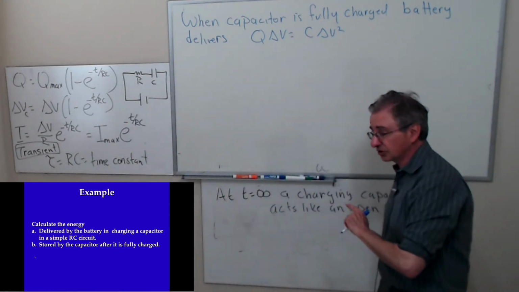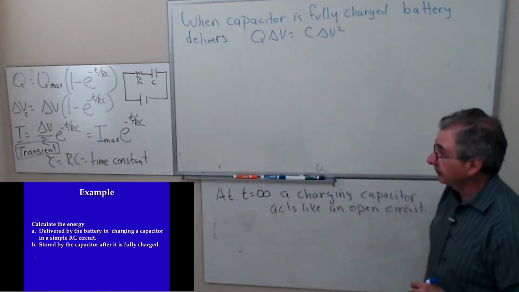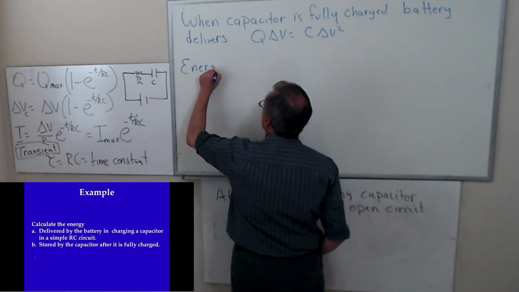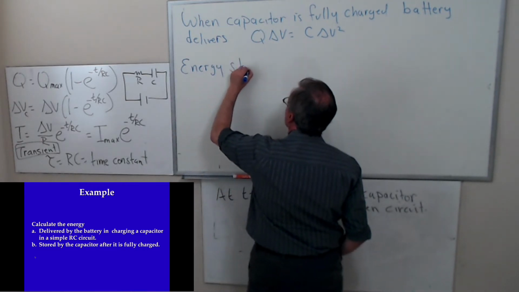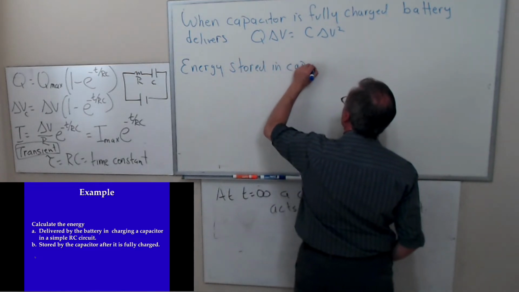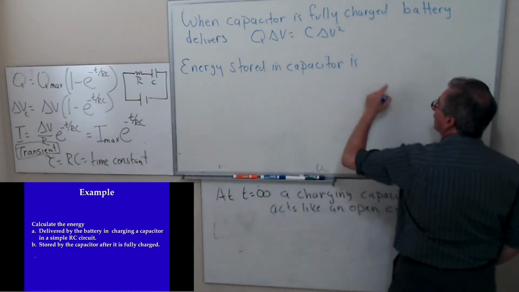But that's not the energy stored in the capacitor. How much energy is stored in the capacitor? Q squared over 2C. Yeah. I'm going to write it in terms of this.